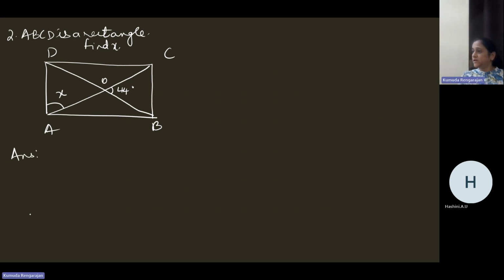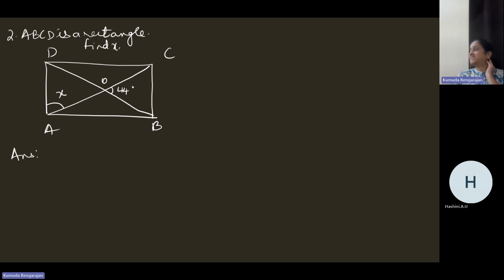Now, do the diagonals of a rectangle meet at right angles? Are the diagonals of a rectangle perpendicular to each other? No. Name the plane figures where the diagonals are perpendicular to each other. Perfect, very good.